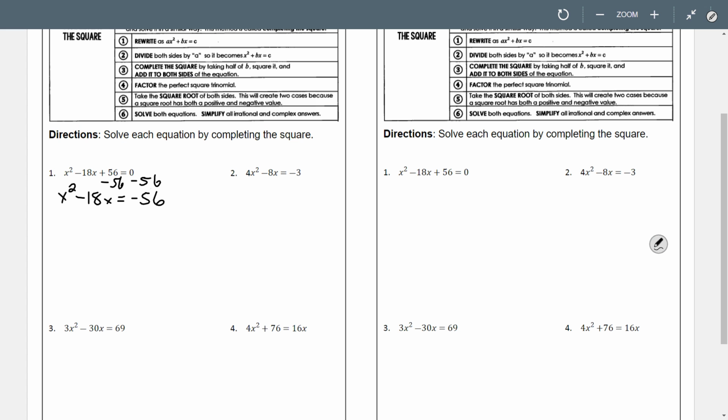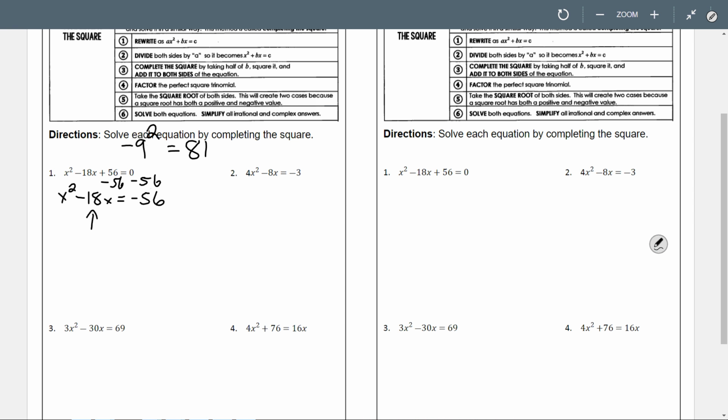Step number 3, complete the square by taking half of b, square it, and add it to both sides of the equation. So first off, which one is b? We know that's negative 18x. So half of negative 18 is negative 9. Negative 9 squared is 81.